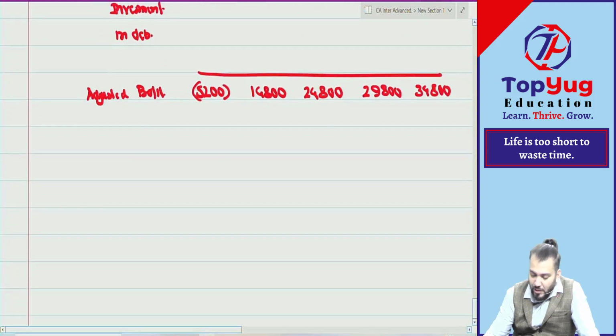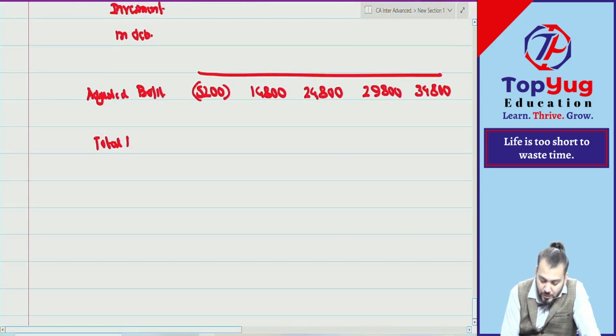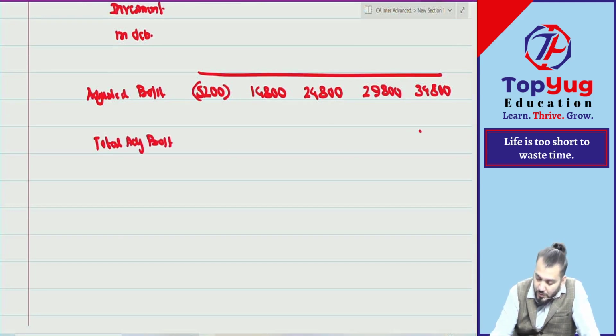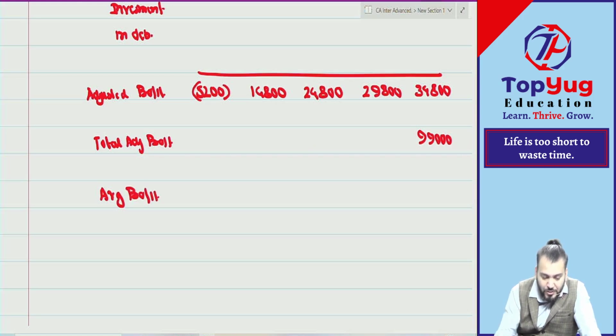What is the total adjusted profit? 99,000. So if you want to calculate average profit, what will you do? Divide by 5. How much? 19,800. What is the number of years purchase? NOIP means number of years purchase.